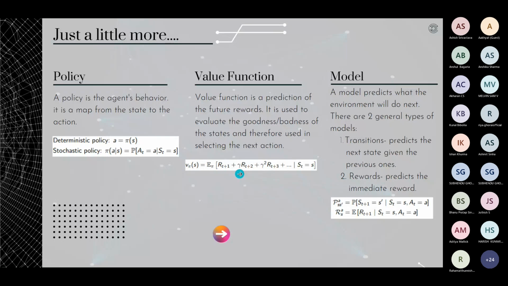Now, what is this gamma? We'll come to it later when we are discussing Markov reward processes. But for now, just keep in mind this is how you represent a value function.